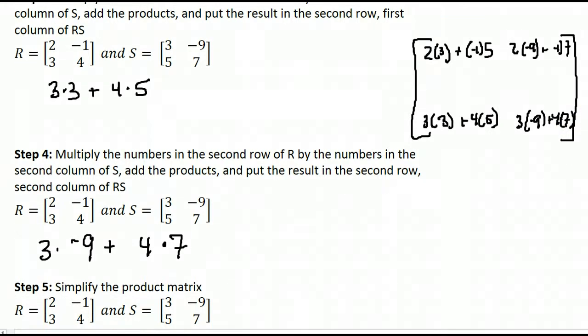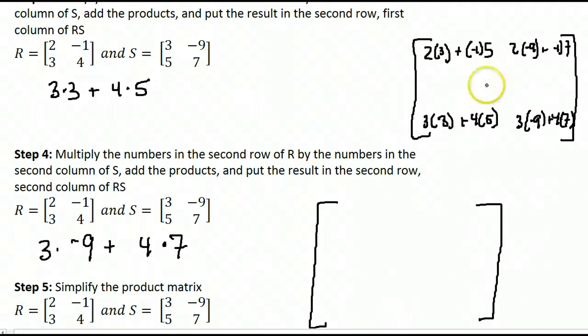Okay, and so that's a 2 by 2. Now we need to simplify this. When we simplify it, that means we need to simplify all the math. We need to multiply and add, and then we get our final answer matrix. Looking at the first element of the first row, we have 2 times 3 plus negative 1 times 5, which gives us 6 minus 5. So that's 1.